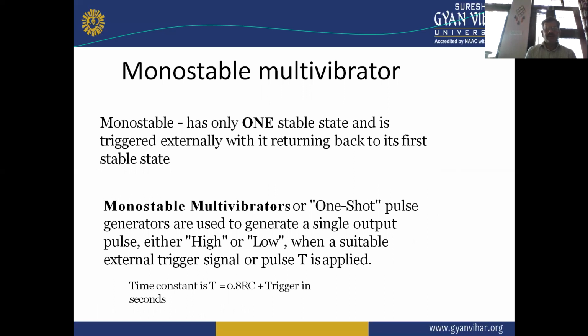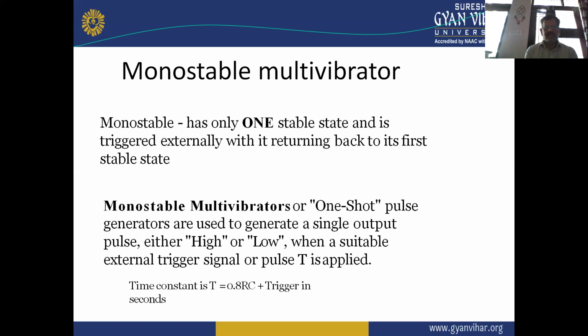Next is the third type of multivibrator, that is the monostable multivibrator. A monostable multivibrator has only one stable state, and is triggered externally, after which it returns back to its first stable state.